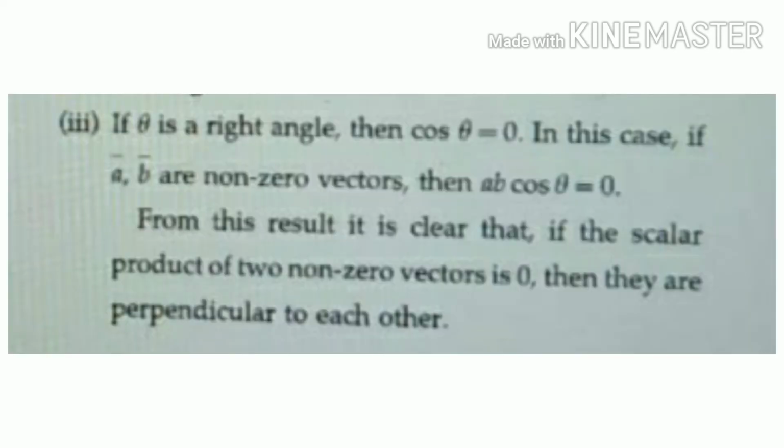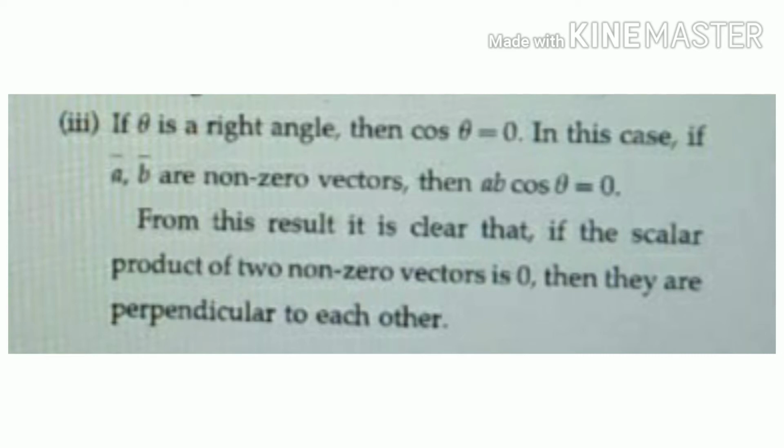Number two: if theta is an obtuse angle, then cos theta is negative. In this case, if a bar, b bar are non-zero vectors, then a into b into cos theta is a negative real number. Third: if theta is a right angle, then cos theta is equal to 0.